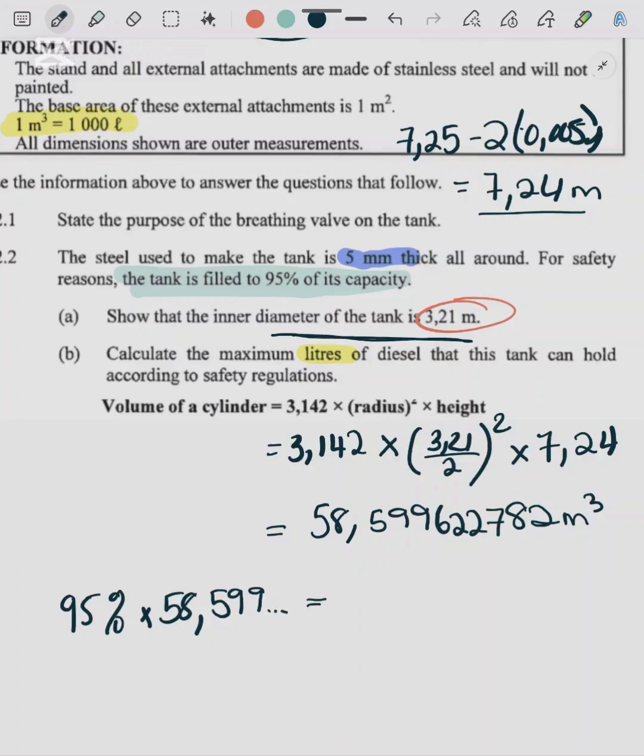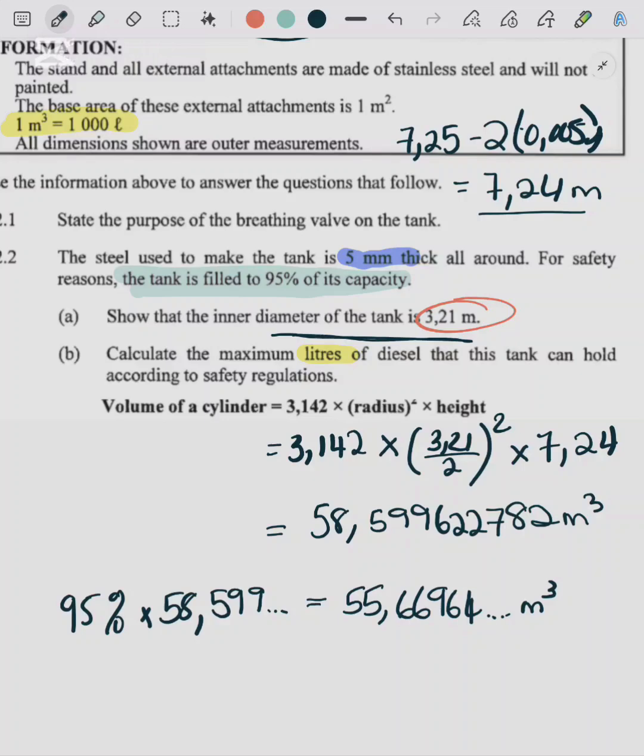The whole number there. And if you do that, we're going to get 55,66964, and it keeps going from there, meters cubed. Okay, great. So that gives us the volume of the diesel in the tank.